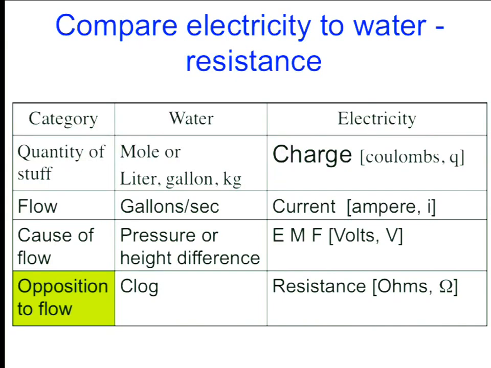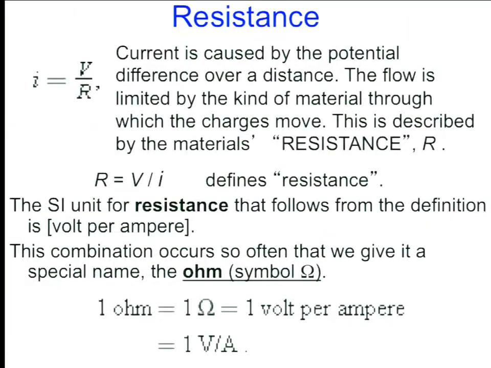Okay. If the clogginess is high, the resistance is high, the flow will be low. Even though there's pressure, the flow will be low. So the resistance is sort of like the clogginess. There's another term we've just defined, clogginess. But you can think of it that way, and it's perfectly right.